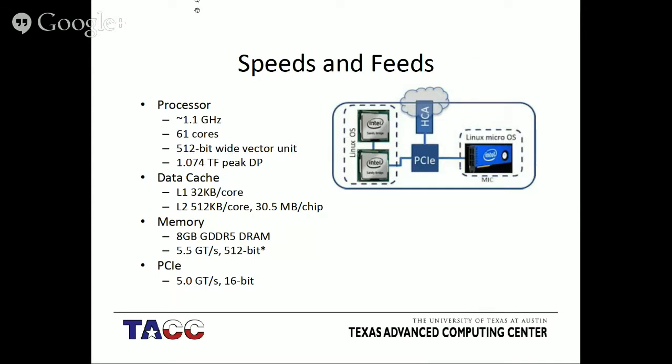So the main reason why companies build these accelerators or coprocessors is to conserve power. If we want to build an exascale system with normal Xeons, we would need a full-size power plant of 1 gigawatt to power a system like Stampede, like the base cluster, the Xeons.